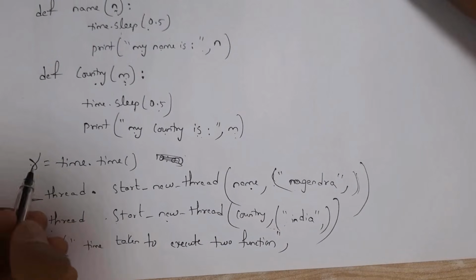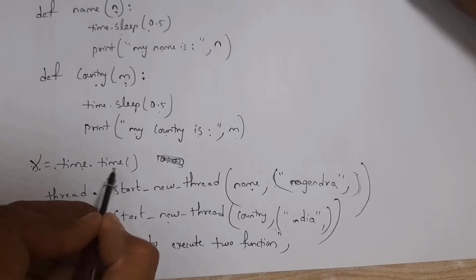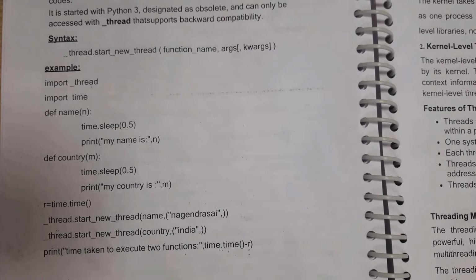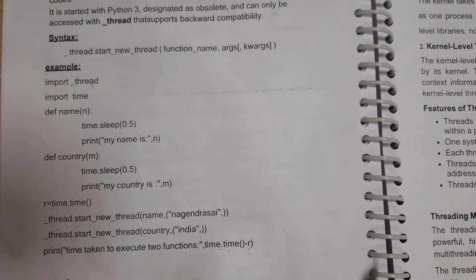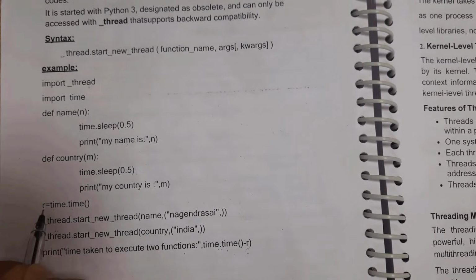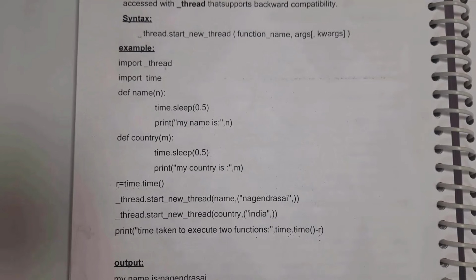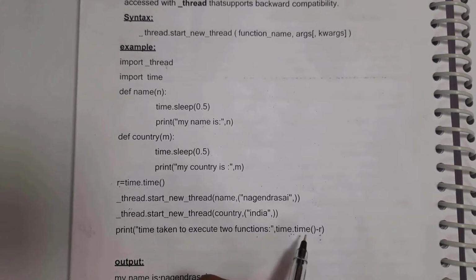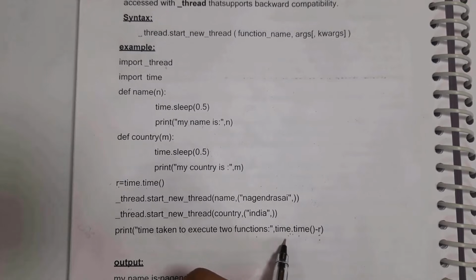For example, here I wrote r equal to time.time. Before executing these two functions, time is 10 AM and this 10 AM is stored in variable r. And at last I wrote here "time taken to execute two functions", comma, time.time minus r, where this time.time will store the present time.